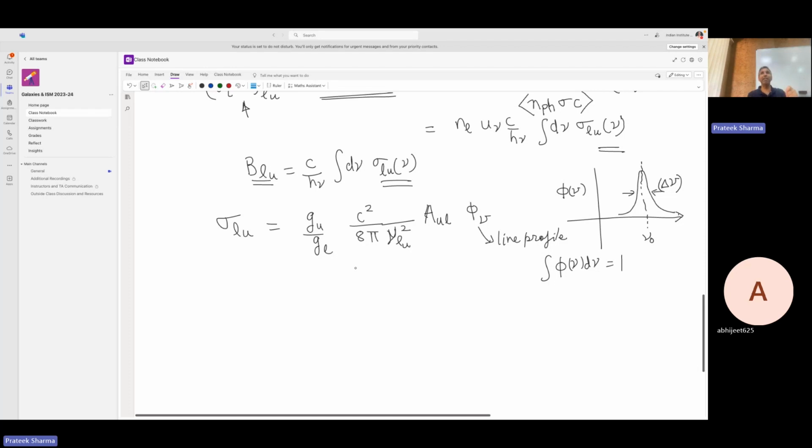But you relate them by demanding that if they were to obtain LTE and produce a black body spectrum, then the A and B have to be related in this way. So these A, B, sigmas apply even very far away from equilibrium.